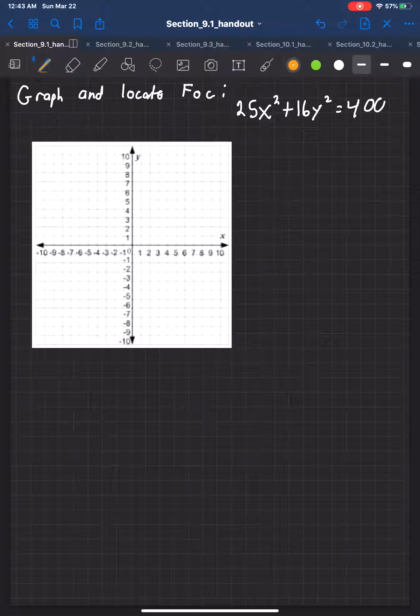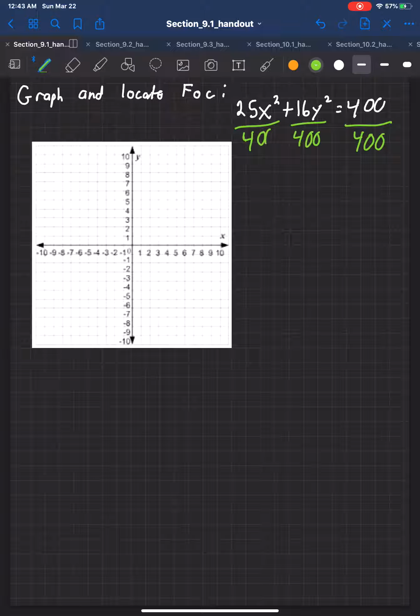All right, so it says graph and locate the focal points. Looks just like the previous example, but that equation does not look like the previous example, does it? That doesn't look like an ellipse. So how do we get around this? Well, all you're going to need to do is remember, an ellipse is always equal to 1. So we're just going to divide everything by 400.